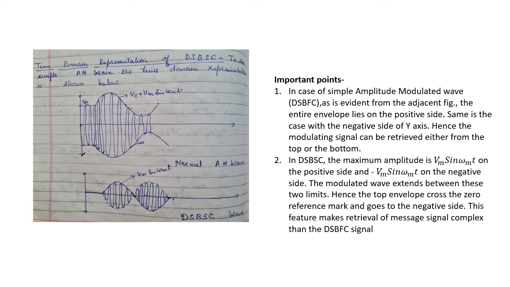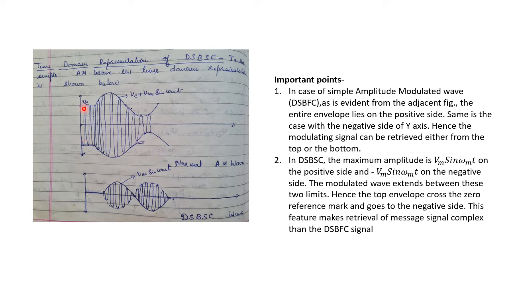If we compare these two figures, in the upper figure we are dealing with double sideband and full carrier. It means that in this amplitude modulated wave, the carrier component is present in its full form.